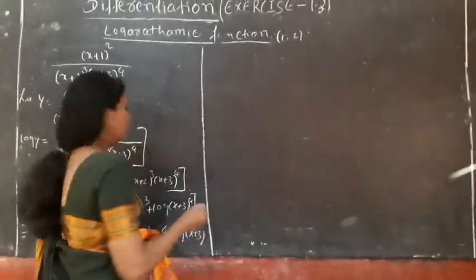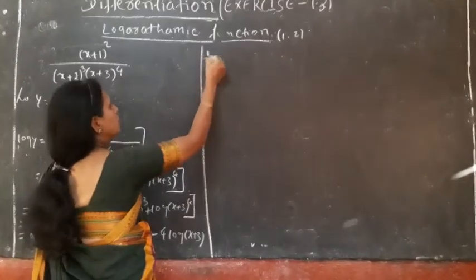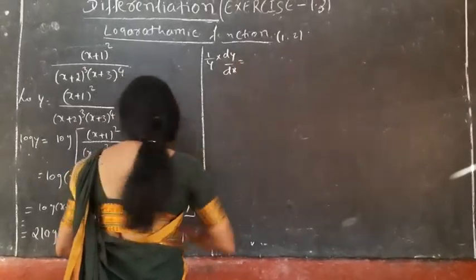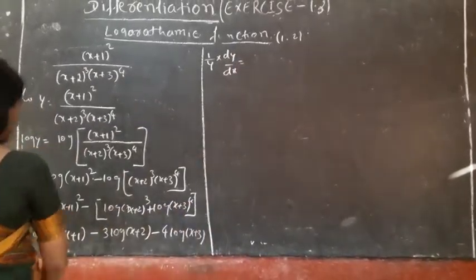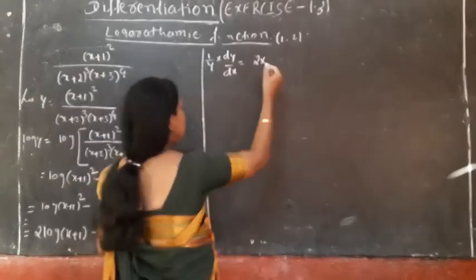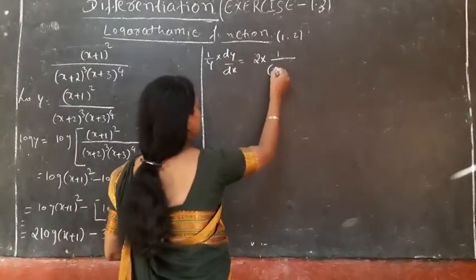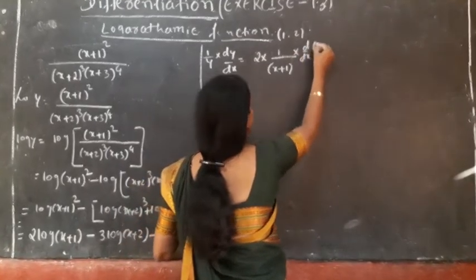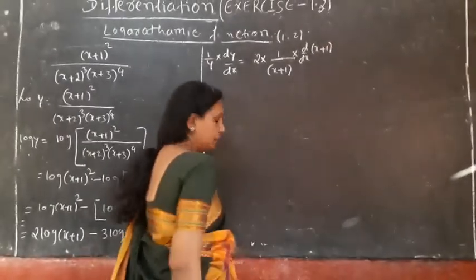So differentiating with respect to x, LHS becomes 1 upon y dy upon dx. And see the RHS, 2 is a constant term, log of (x plus 1) is there, differentiation of log function is 1 upon the function into differentiation of the function.